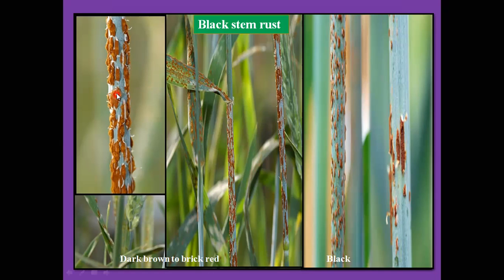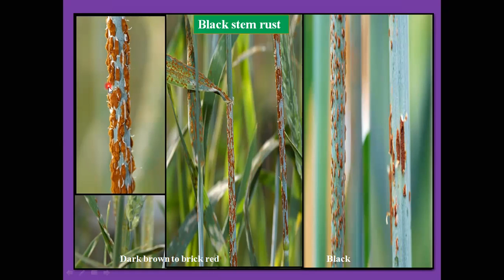The uredopustules release reddish brown powder. These uredopustules develop spores known as urediospores. The urediospores are released from the pustules and land on other healthy plants.